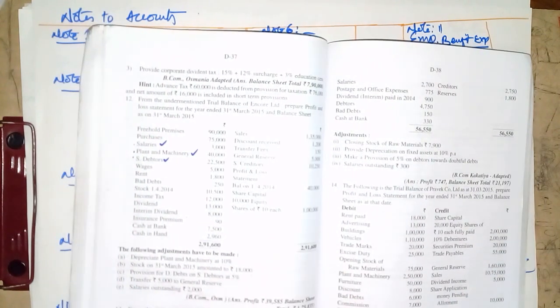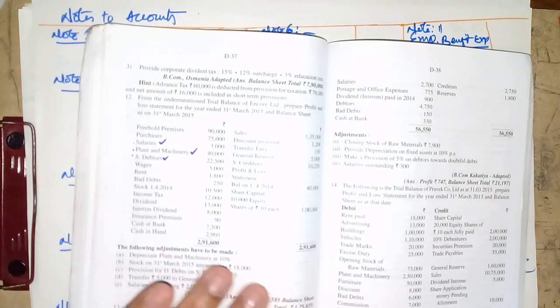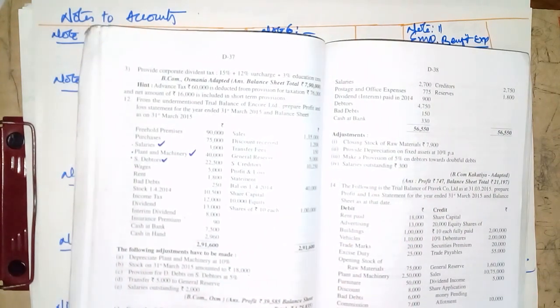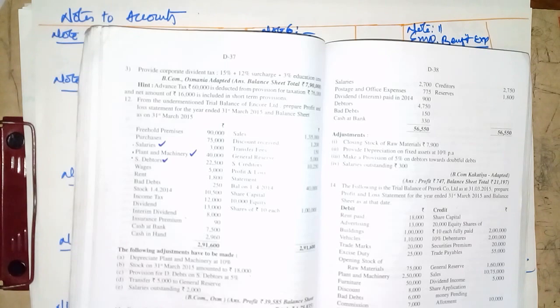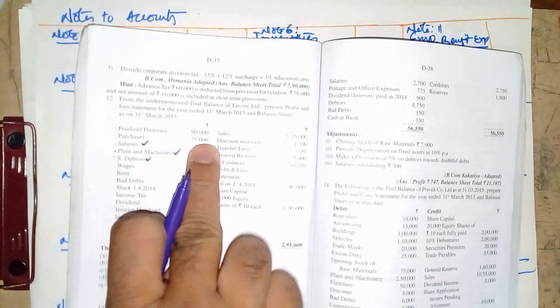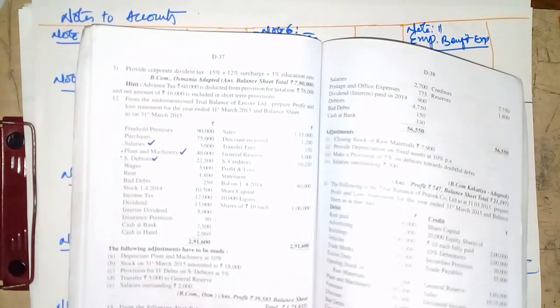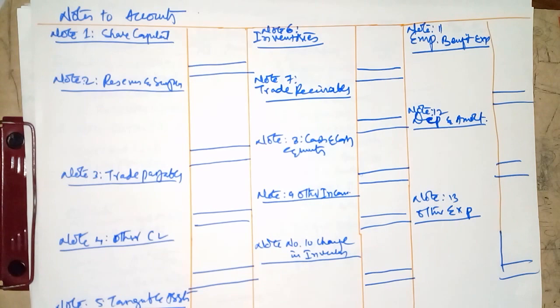As we have already read the question, we will put wherever a particular item comes, right? Now first, freehold premises. Freehold premises is a tangible fixed asset, right? So for that we have prepared a note.